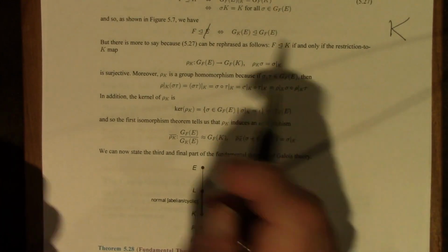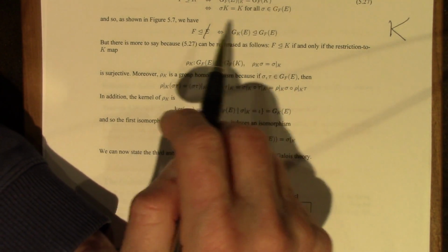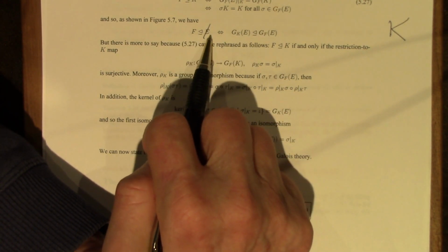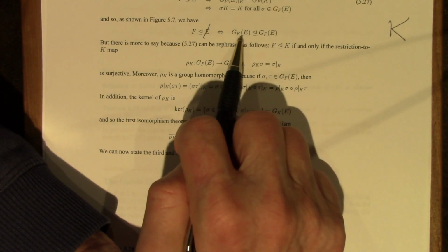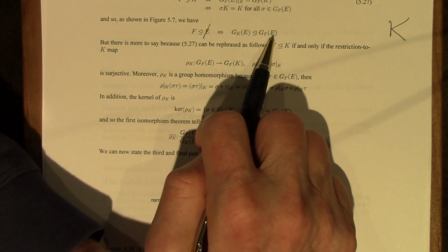Well, there's a little more, or a lot more maybe, we can say here, not beyond the fact that normality of the lower step is equivalent to normality of the Galois subgroup in the full Galois group.